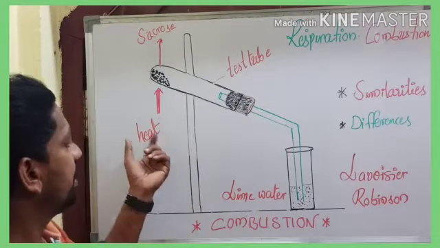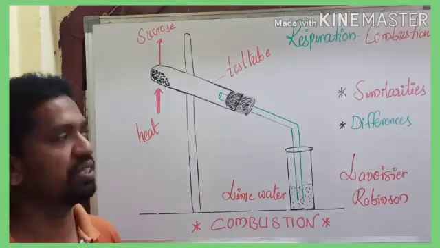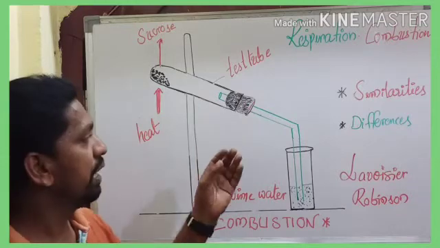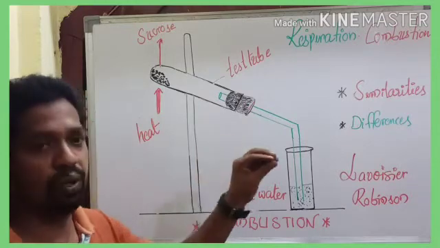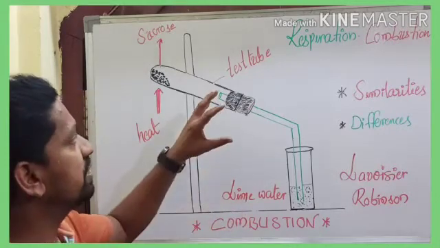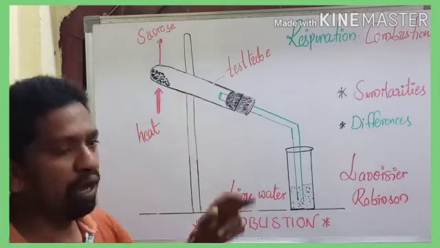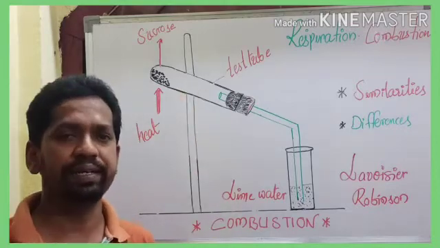Again, in combustion, energy is released at a single stage, a huge amount. In respiration, energy is released slowly and in different stages. By discussing these two important processes, we identified that they have some similarities as well as differences.